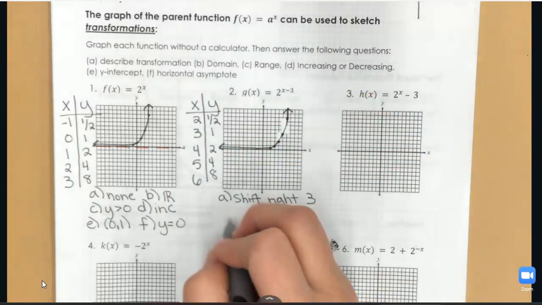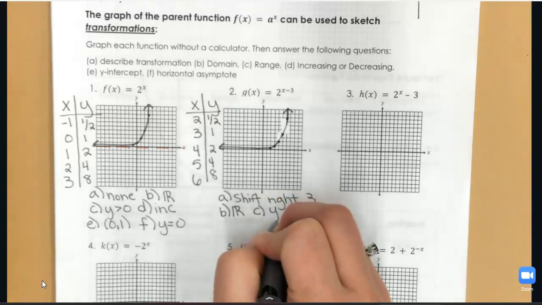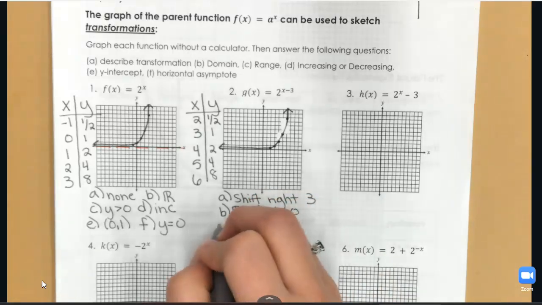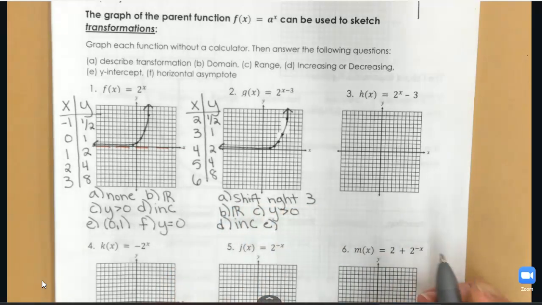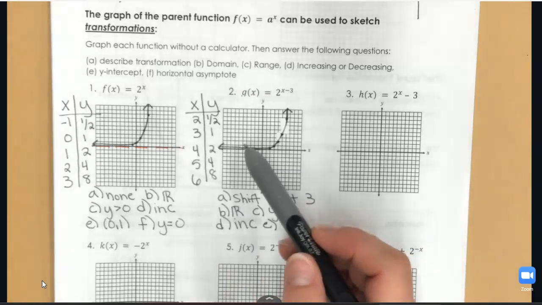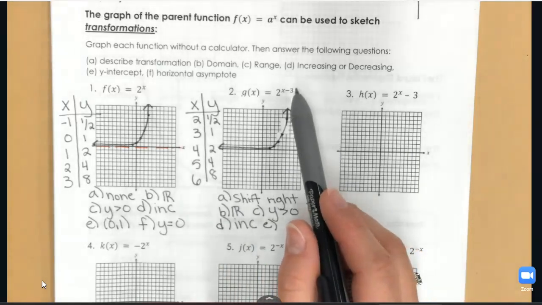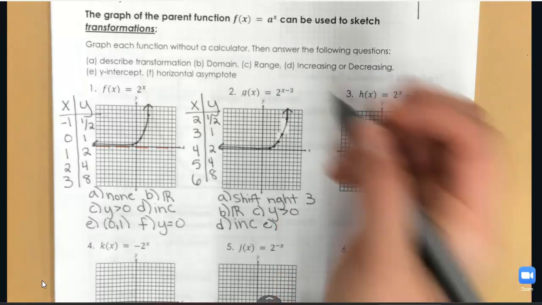Looking at our new characteristics, my domain is still all real numbers. My range is still all y values greater than 0. I still have an increasing graph. Our y-intercept, however, has changed. It's not on my table. I can kind of eyeball it on the graph, but to actually find it, what I need to do is substitute 0 for x in my function.